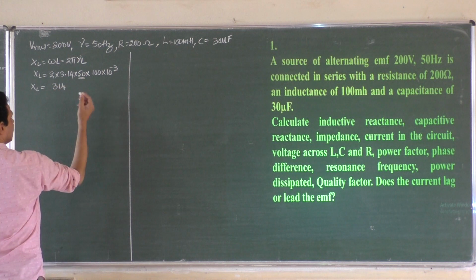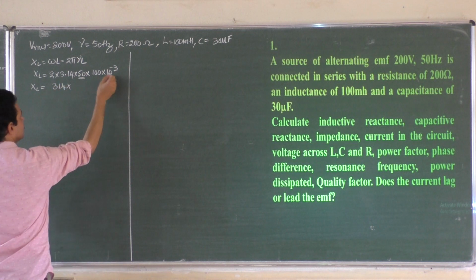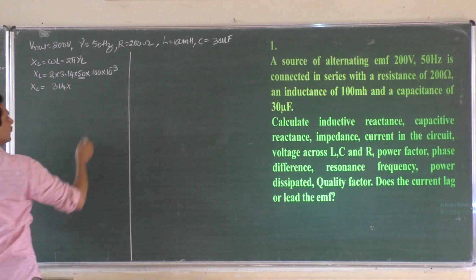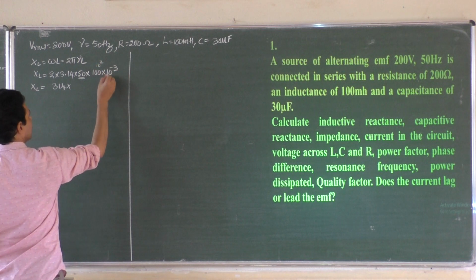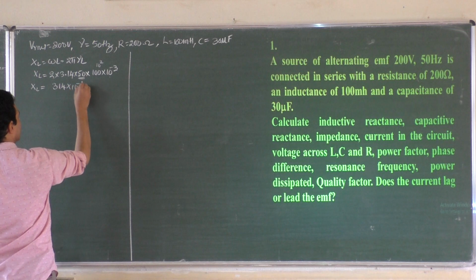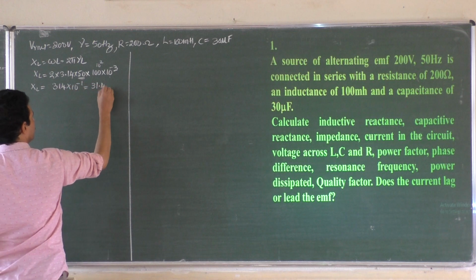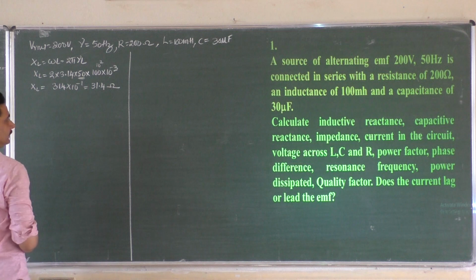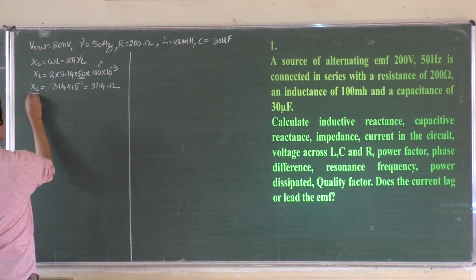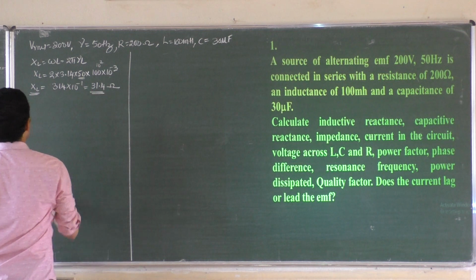Only if this is 50, otherwise it is not possible. Into 10 to the power 2 here, and 10 to the power minus 3, so 10 to the power minus 1. That is equal to 31.4 ohm, right? We have got XL, 31.4 ohm.